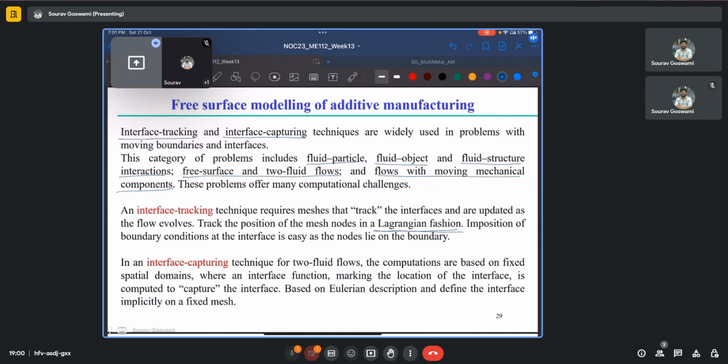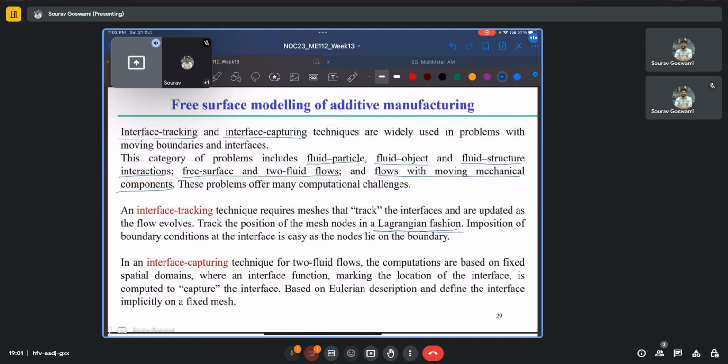The other approach, which is the Eulerian approach, which is used in the interface capturing techniques, actually fixes the area of observation or the volume of observation, and we see how the flow is occurring past that area of observation. So it's like we are sitting on the river bank and we are seeing how the boat is moving past us. Both of these techniques can be interrelated and each offers its own advantages.